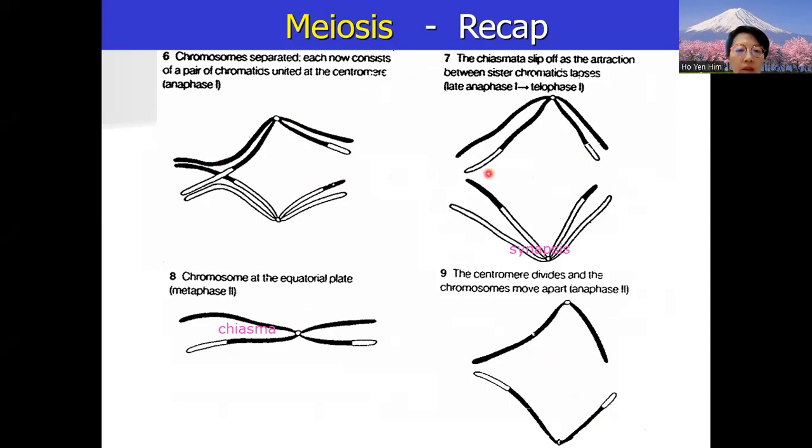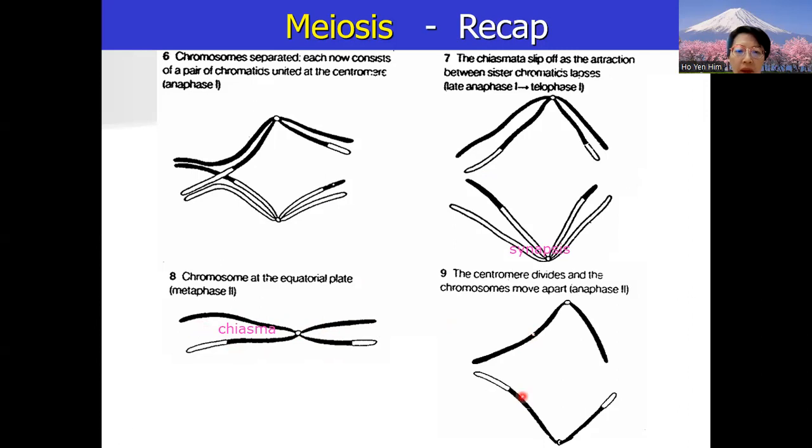Then after that, during prophase 2, the chromosome, so this 1 chromosome will align at equator, and then the sister chromatids will separate. Pay attention to the sister chromatids, both are genetically variable already. Why?